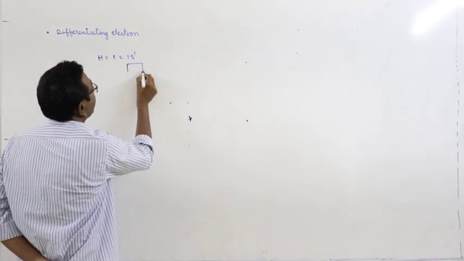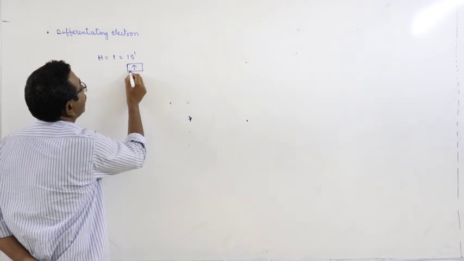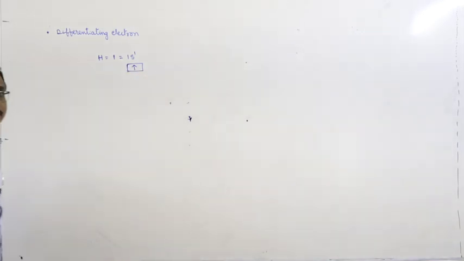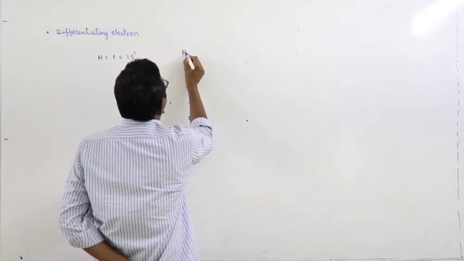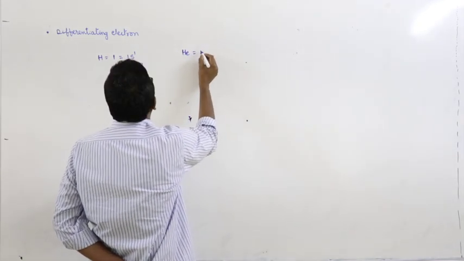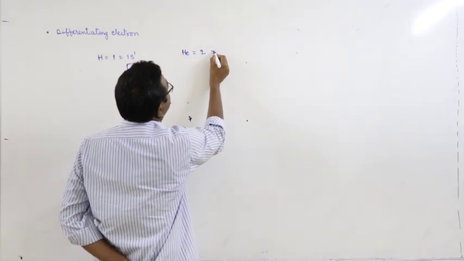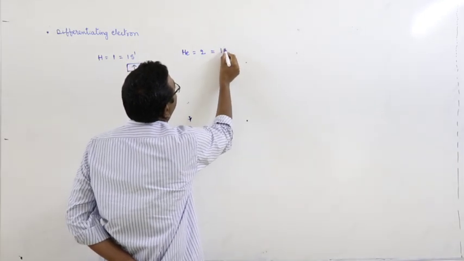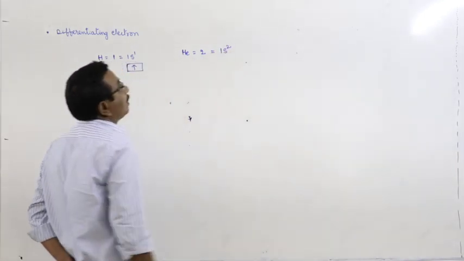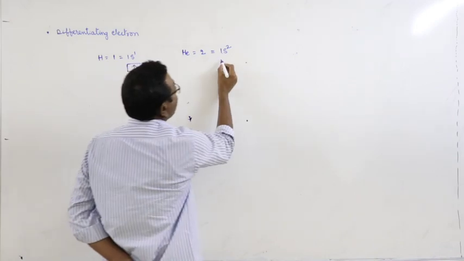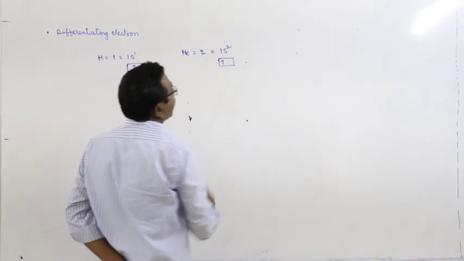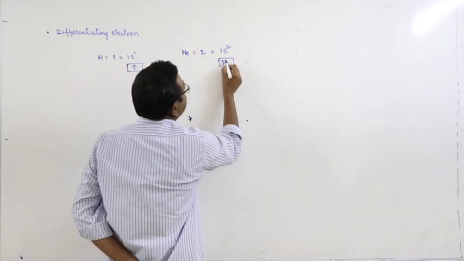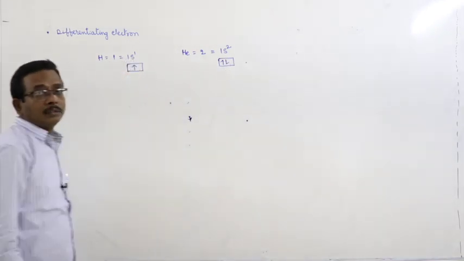And at the same time we can write the second element also, that is helium, atomic number 2 and electronic configuration 1s2. How can you represent the arrangement of the two electrons? This is the first electron and this is the second electron.